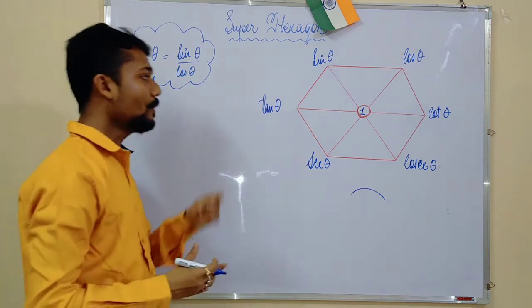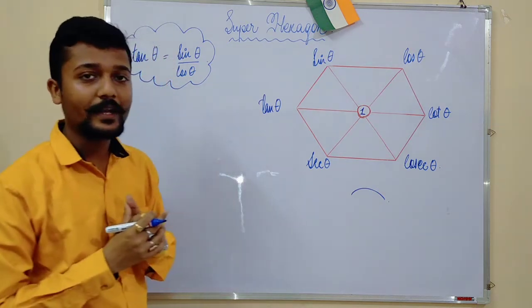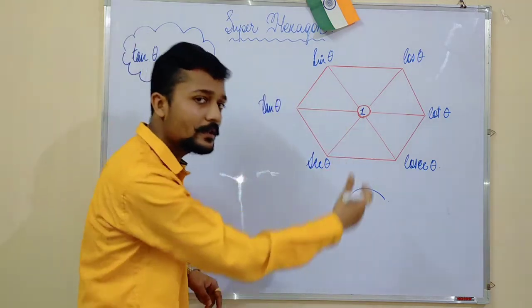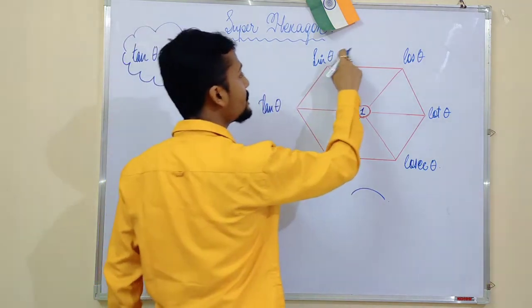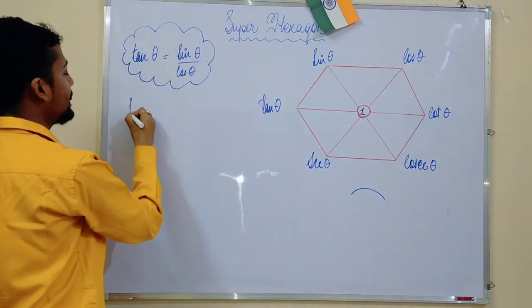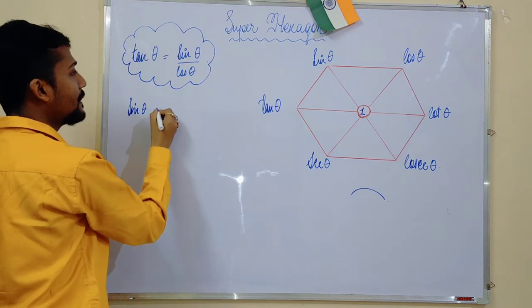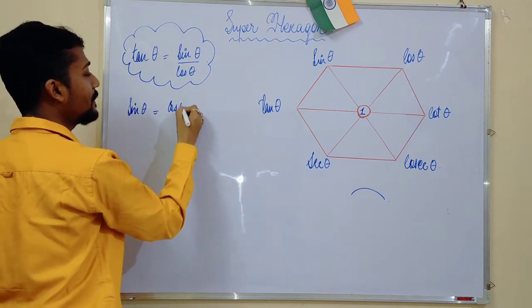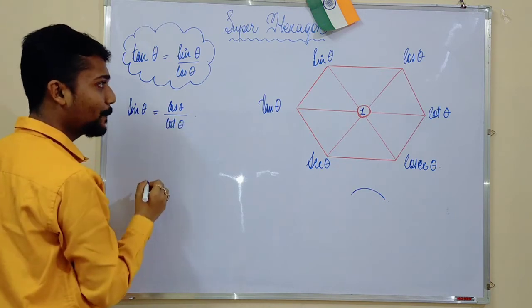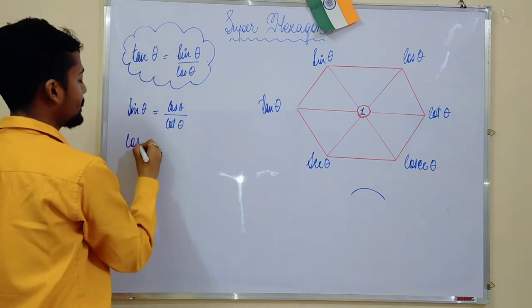Fine. So how are we going to find the formulas? Let us check. We will go in the clockwise direction. Tan is equal to sin by cos first. Then what is next? Sin. Sin theta is equal to cos theta by cot theta. This is second. Next is cos theta.